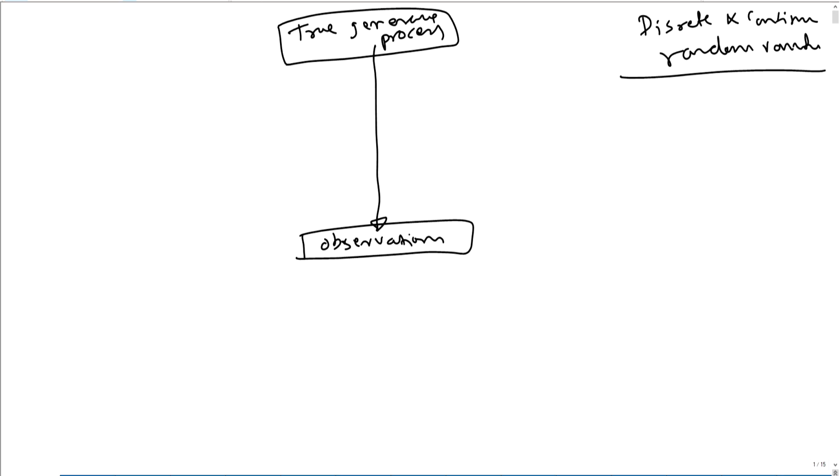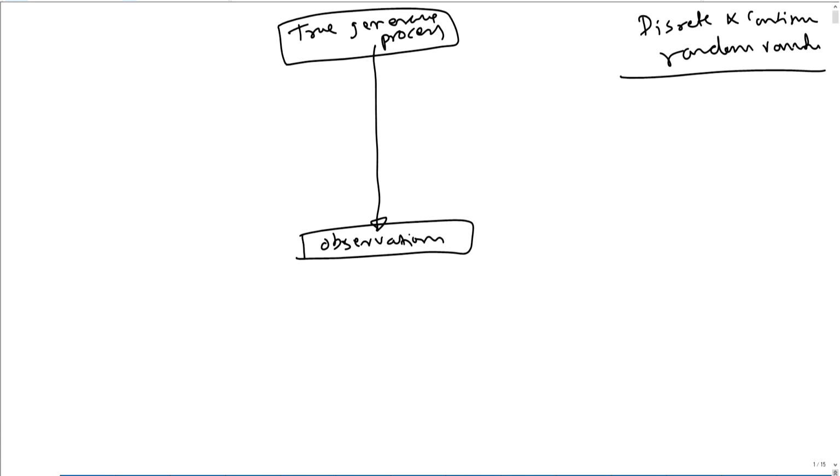But the problem is you cannot directly know what this true generative process is. This is hidden from you. For example, this could be some cognitive process in the human mind. So, the only thing that you can do is do an experiment, collect some data and use that data to infer the properties of this true generative process. Okay. But how do we do this?